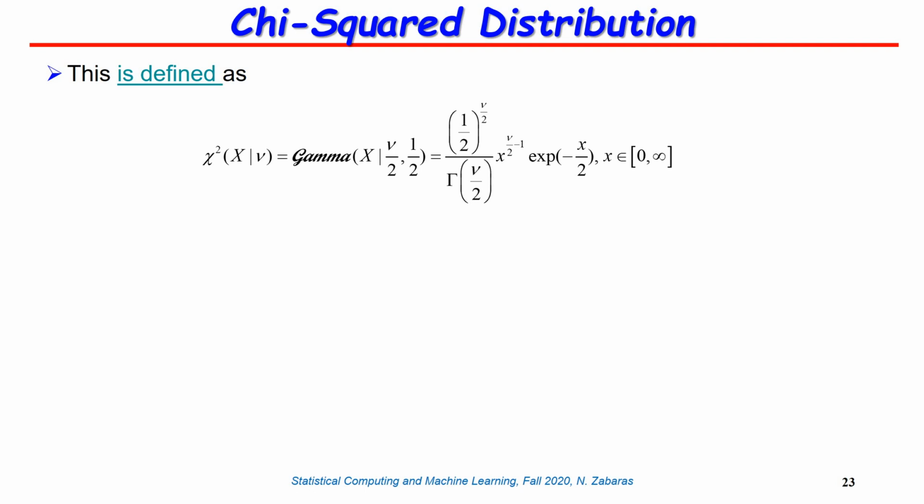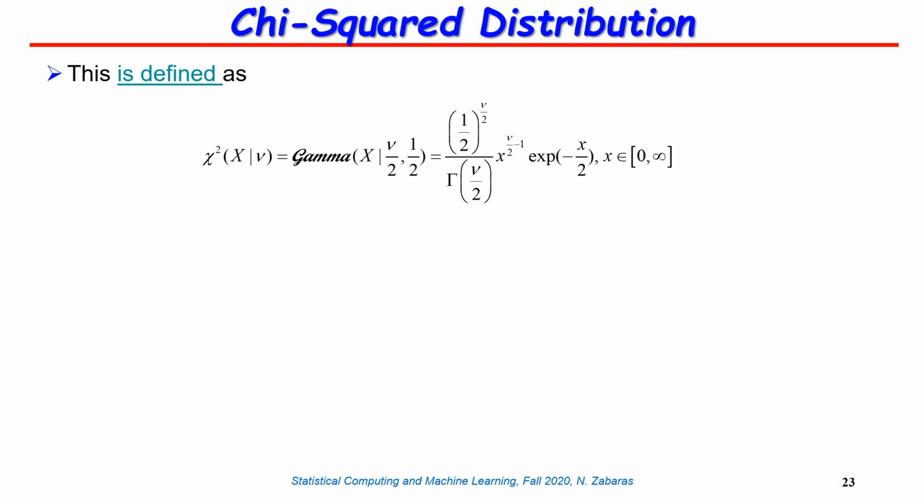I inserted it here because we're going to use it later on when we do inference for the Gaussian distribution, for computing the mean, the variance and the precision. In one of the cases we're going to use the chi-squared distribution, so it is good to remember that it is nothing but gamma with particular values of parameters.